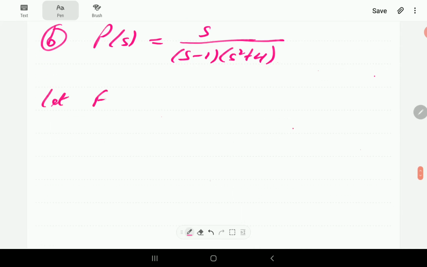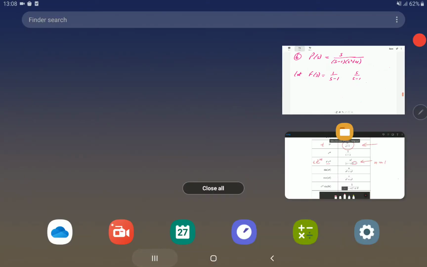So what we're going to do is let f be 1 over s minus 1. What we don't have is a term like this in the table of Laplace transforms.